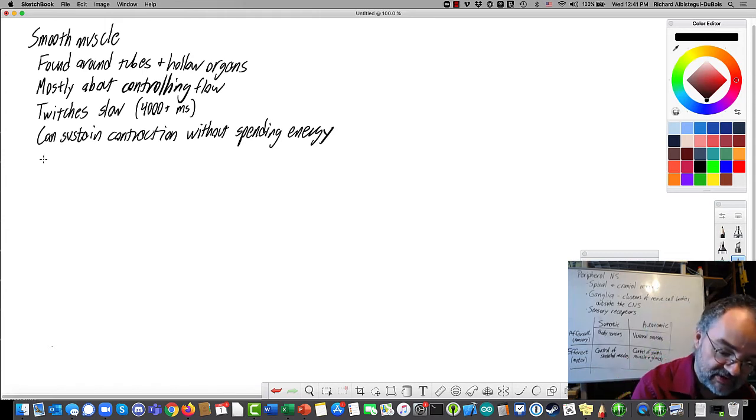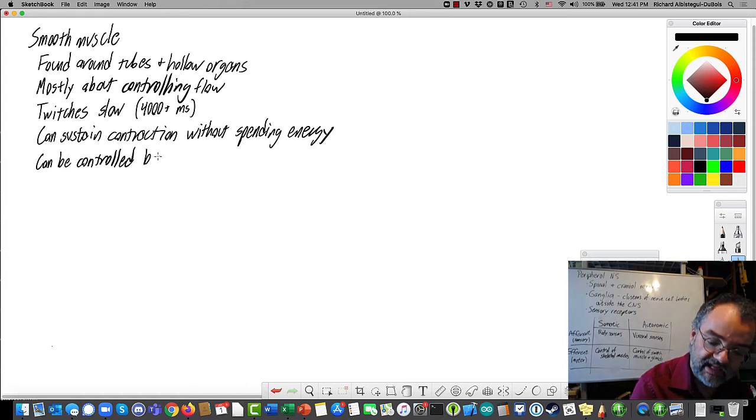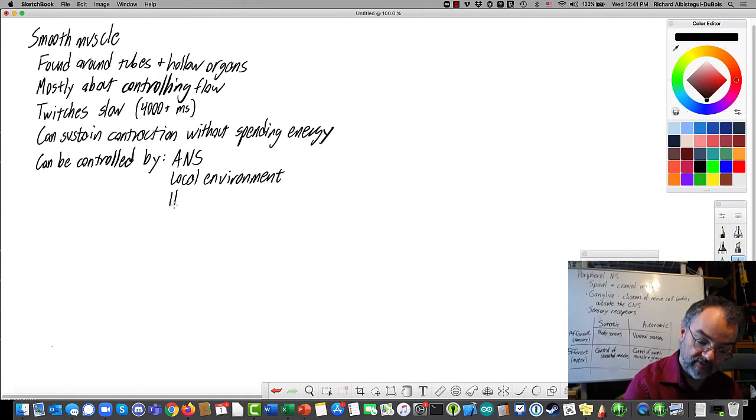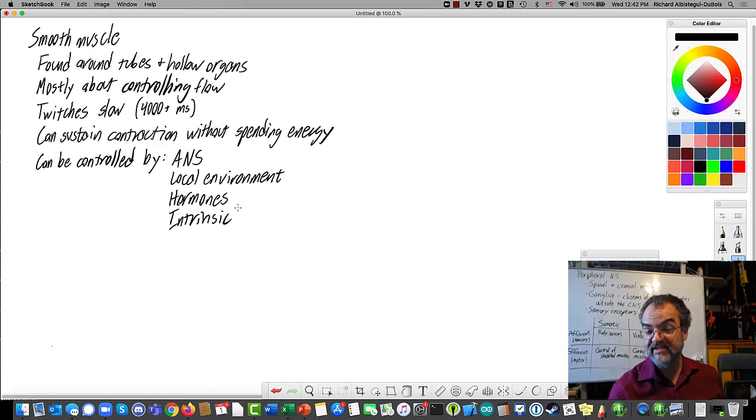Also, we can talk about how it's controlled. So smooth muscle can be controlled by lots and lots of things. It can be controlled by the autonomic nervous system, the local environment and local messengers, like paracrine messengers, hormones, so longer distance chemical signaling, and a lot of smooth muscle has intrinsic control, meaning it can control its own contractions.